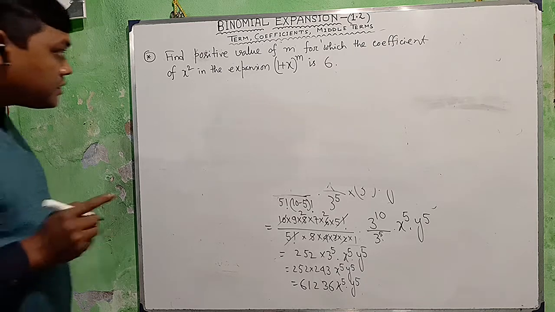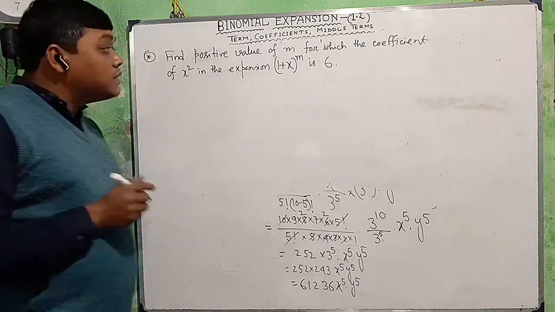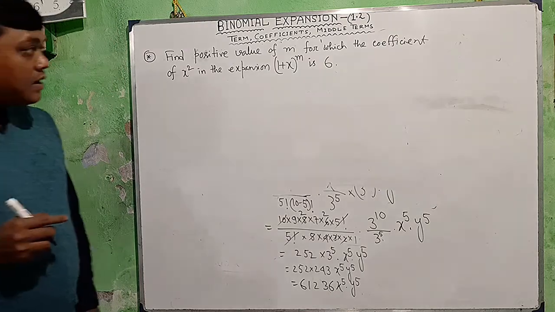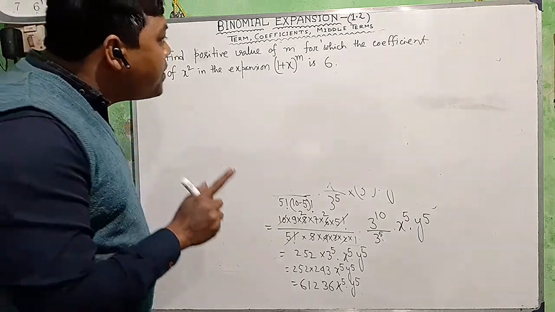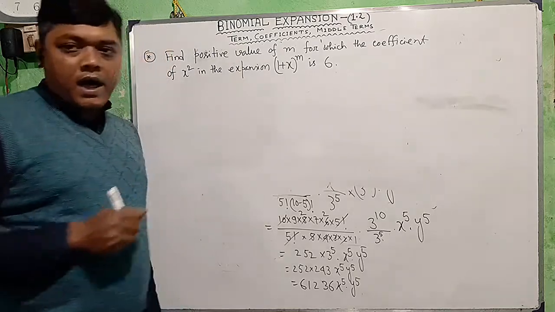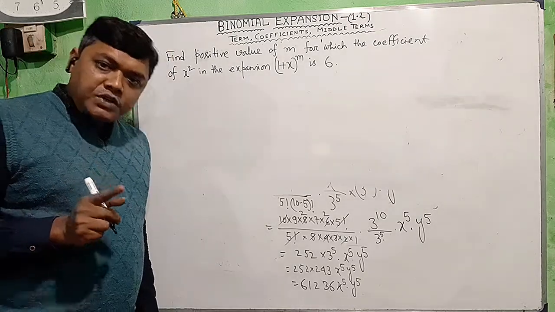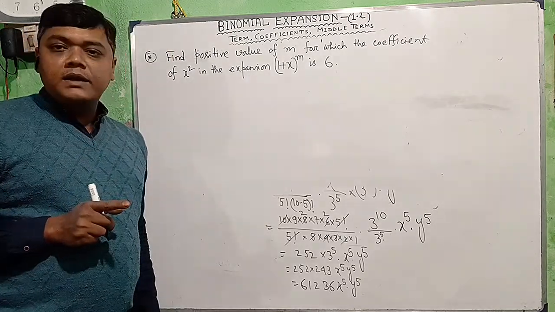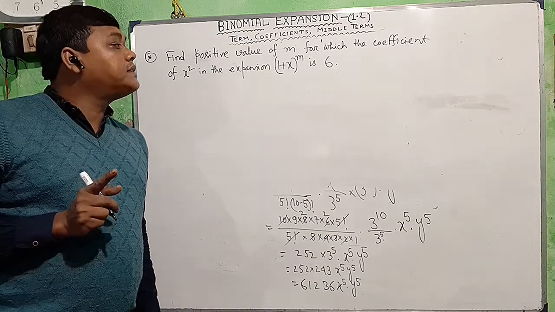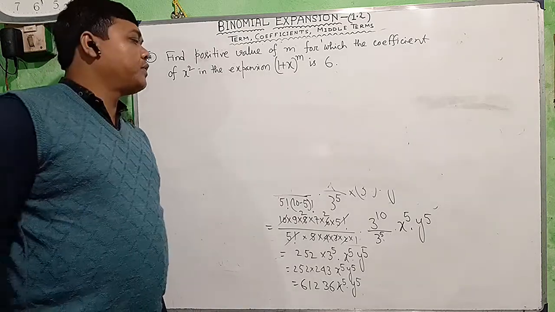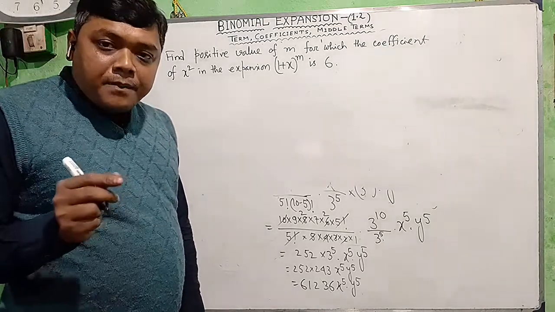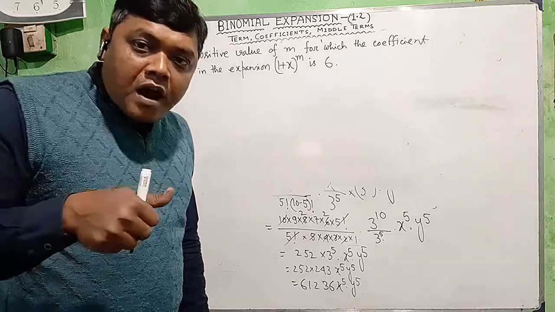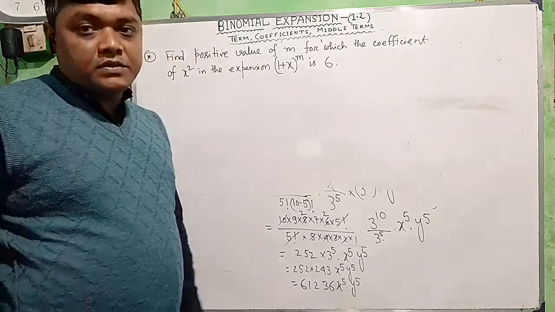So first I have to understand the question. The question is, for what values of m the coefficient of x square will be 6. First I have to find out which term contains x square.